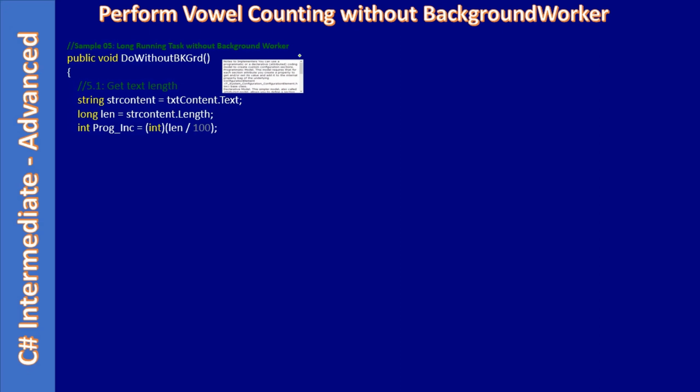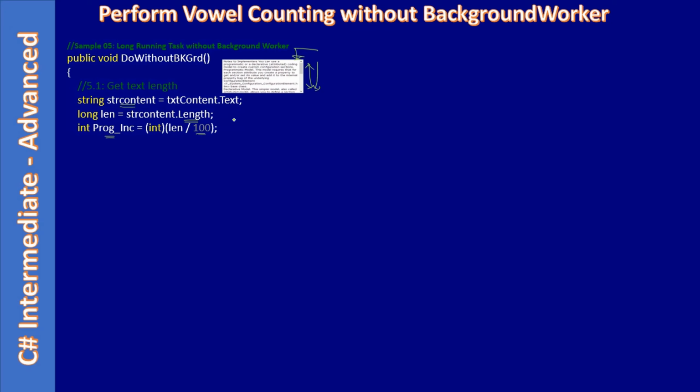So this is our multi-line text component, right? Here we have some sample text content, and we are going to count vowels from this content only. We will perform a scan top to bottom, reading this text content character by character, and check for the vowels a, e, i, o, u. First we are reading the text content and storing it as a string, then we are finding the length. Based on this length we are calculating the progress increment.